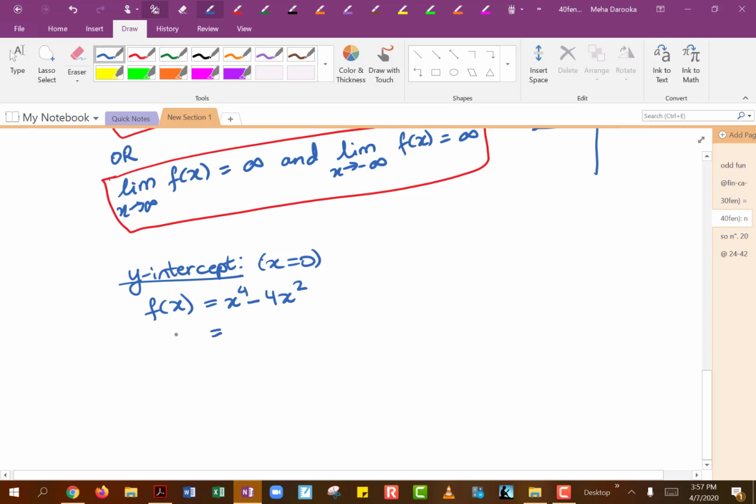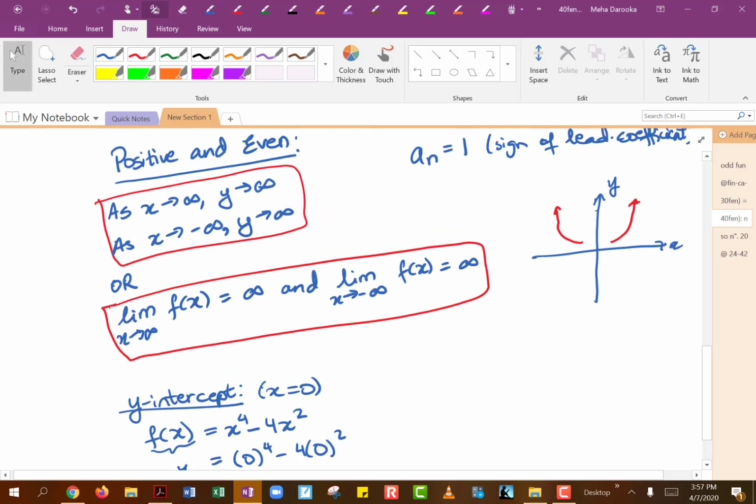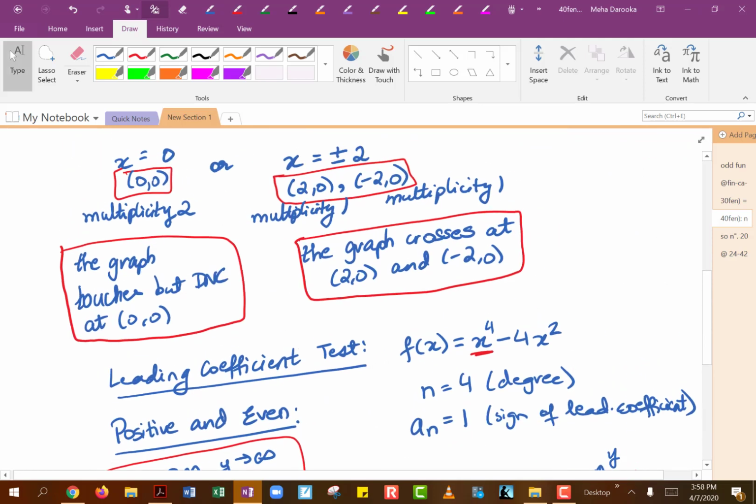So you can think of this as being f of x, or you can replace that with y, and then replace your x with zeros. So of course you're going to end up getting 0 minus 0, which is going to be 0. So that's your ordered pair 0, 0, which was also one of our x-intercepts.